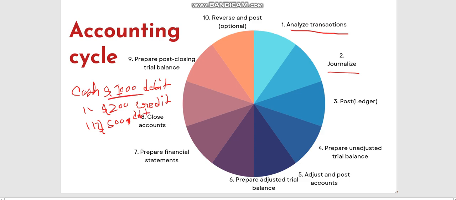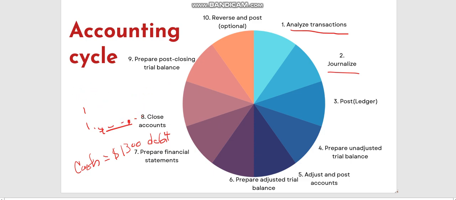So we have 1,000 cash debit, 200 cash credit, and 500 cash debit. A ledger would be basically this plus this minus this. There are two ways to do it: the T table and another table. I will talk about it in a later video.